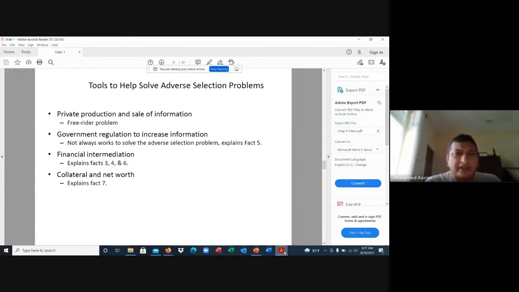So to avoid this consideration, there are tools. One is private production and sale of information, right? This is what sometimes specialization is all about. There are certain segments in the market, in the industry or the financial structures, that have the information, and they do not publicly share it; they keep it for parties who are ready to purchase from them.